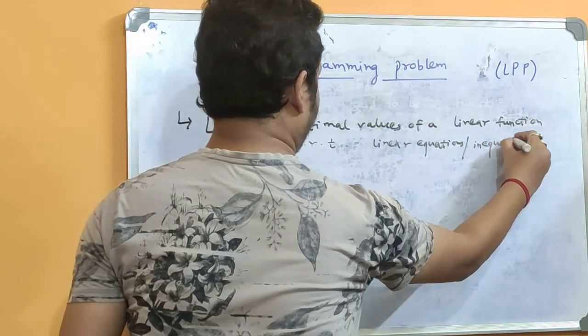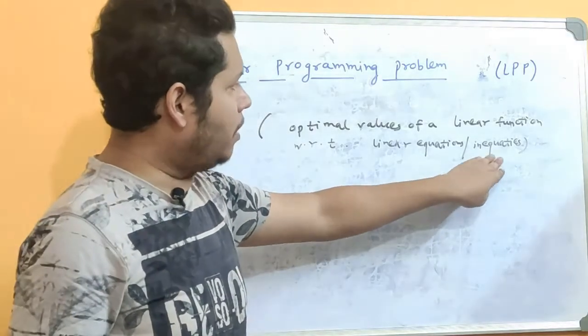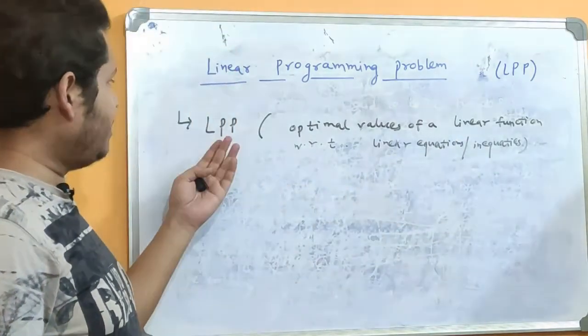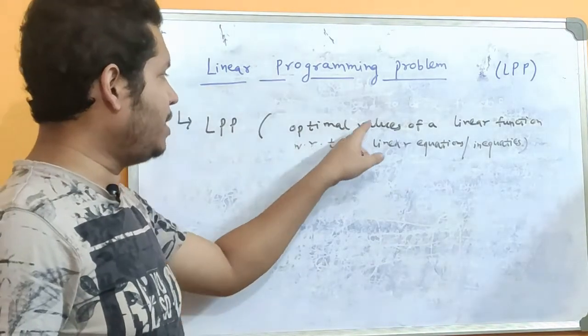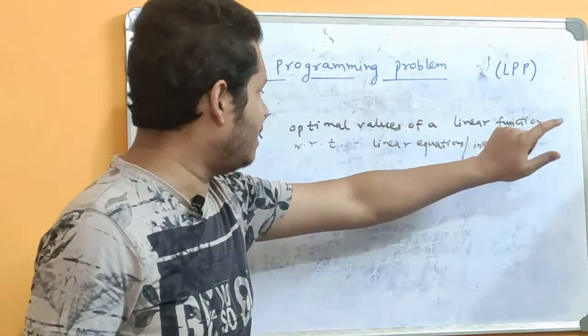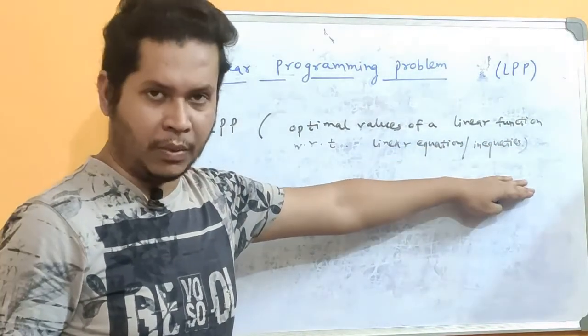Like in the last problem, we have already seen that there were a few constraints, which we wrote in the form of inequalities, right? So LPP is basically such problems in which we find the optimal values of a linear function with respect to either equations or inequalities.